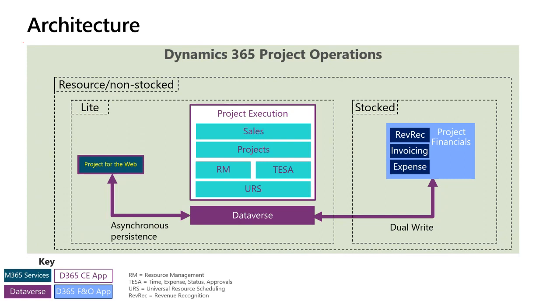The stock-based scenario deployment is targeting the project financials only, and it's available as a module in the Finance and Operations app. Finally, the resource non-stock-based scenario is a cross-platform with both Dataverse and Finance and Operations communicating through dual write. Today, we'll be focusing only on the resource non-stock-based scenario.